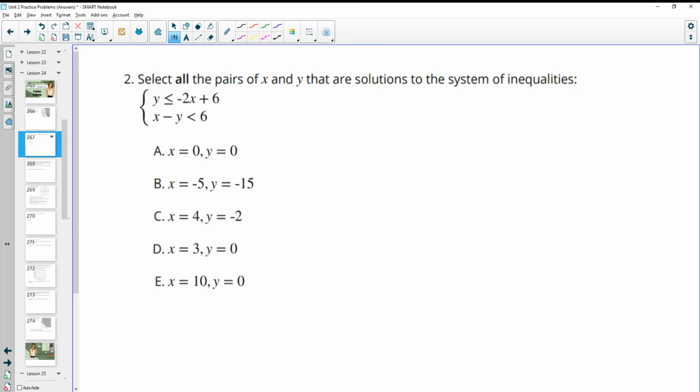Number 2, select all pairs of x and y that are solutions to this system of inequalities. So we're going to want to plug these into each equation. Remember, if it's a solution to the system, it needs to be true for both, not just one or the other, but it must be true for both. So we're going to go ahead and plug into this top equation here.